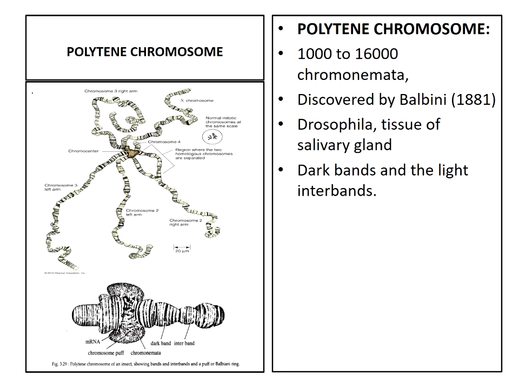So the next topic is polytene chromosomes. This is the diagram of polytene chromosomes. The polytene chromosome is a multi-stranded giant chromosome, very large in size.